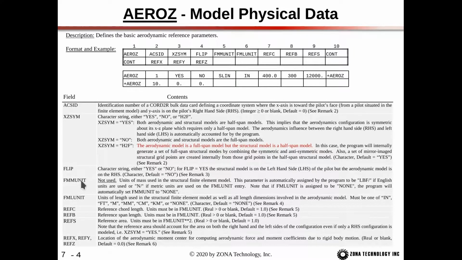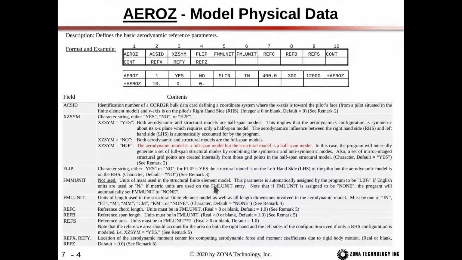Now the mass unit is automatically determined based on the length unit. And the force unit will always be either pound force or newtons. So if the length unit, for example, is feet, then the force unit would be pounds, which means the mass unit would be slug.